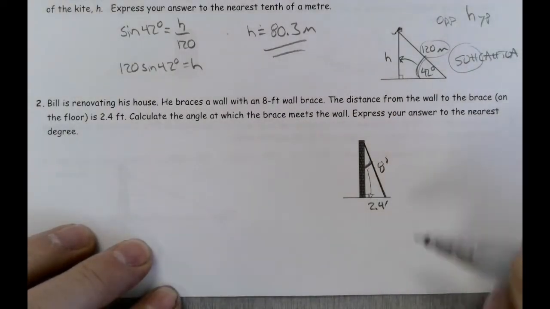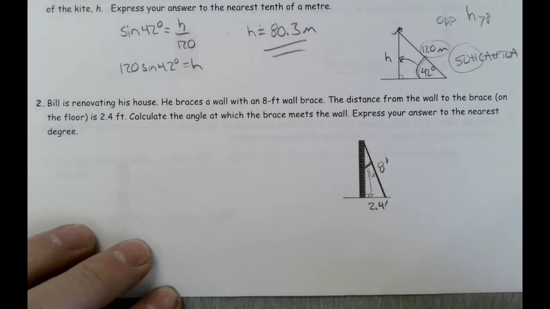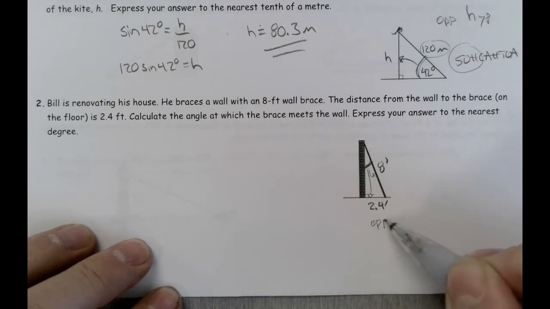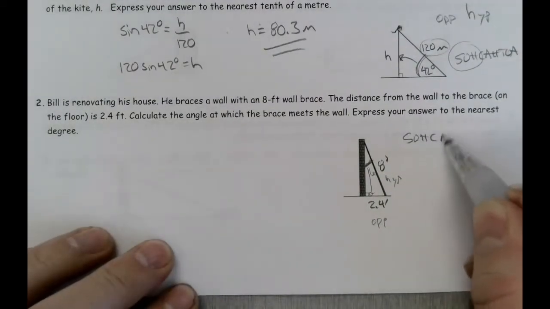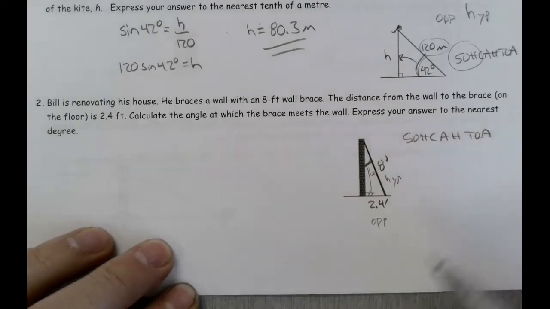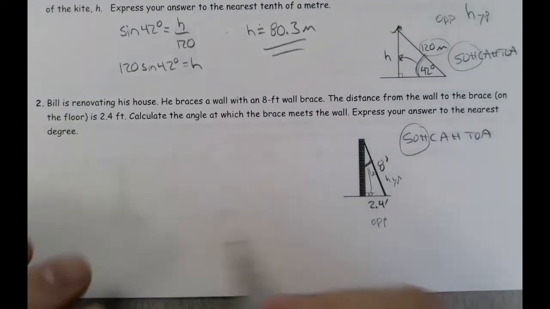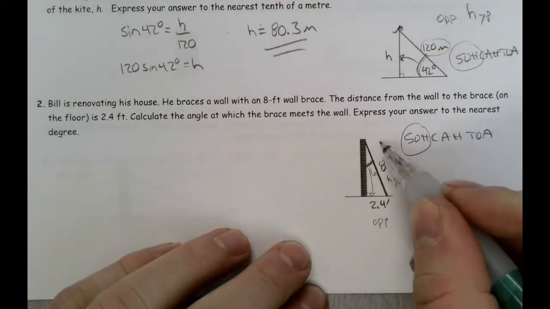So this 2.4 feet is going to be the opposite side, and the 8 feet is going to be my hypotenuse. So I've got the opposite and the hypotenuse. SOHCAHTOA. Which trig function is that? Well, again, it's going to be the sine. This time I don't know what the angle is, though. Now I'm going to use a variable here. Let's use theta.